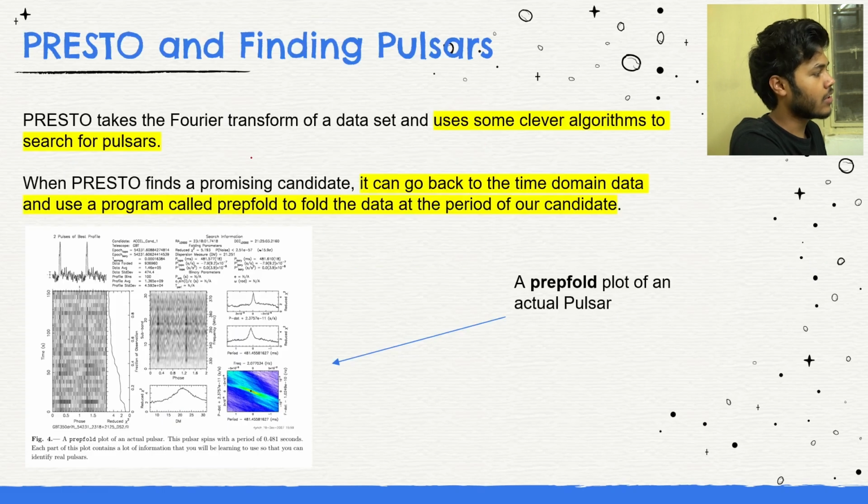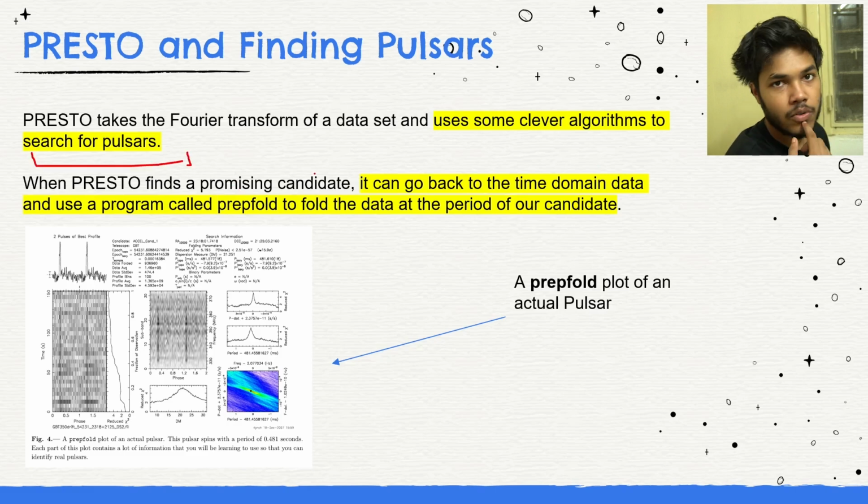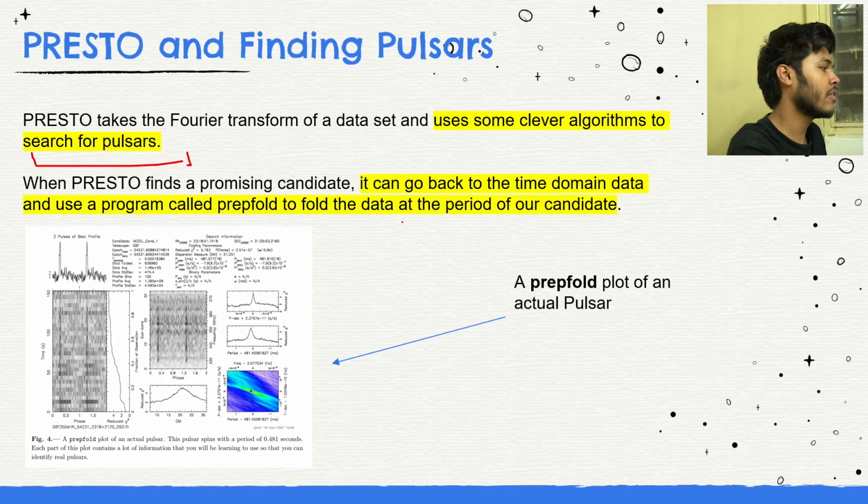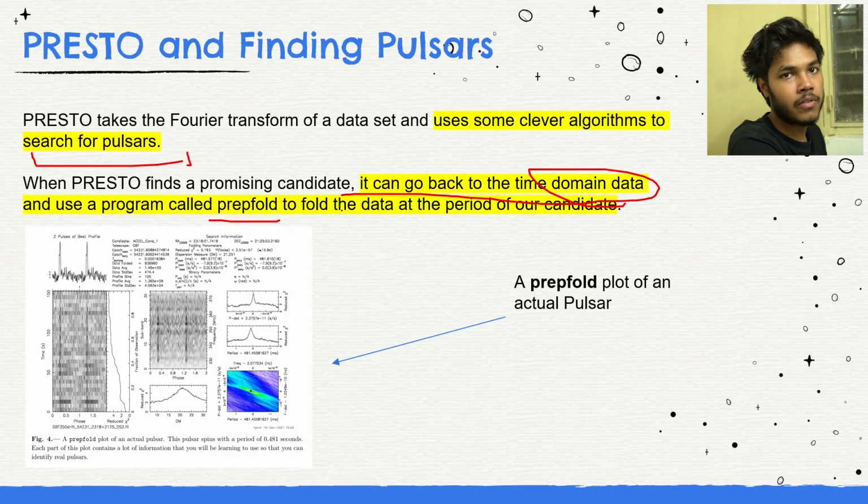Presto takes the Fourier transform data set and uses some clever algorithms to search for pulsars. What it does is transform the data into the frequency domain and then search for a promising candidate. If it finds one, it can go back to the time domain data and use a program called prepfold to fold the data like we have seen before.